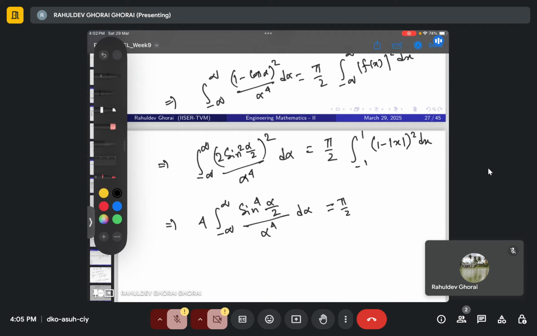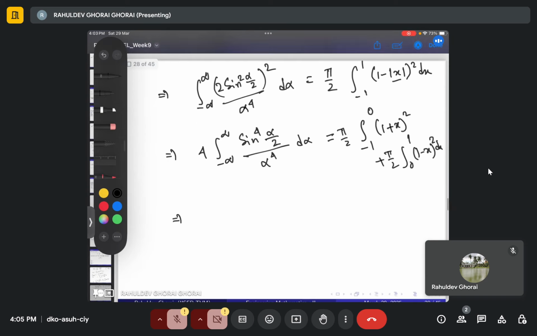Now you see, modulus of x, you cannot do the integration as usual. So what I do: from minus 1 to 0, 1 minus modulus of x, which for x between minus 1 and 0 is negative of x, so that is 1 plus x whole square, plus pi by 2 times the integral from 0 to 1 of 1 minus x whole square dx, right?